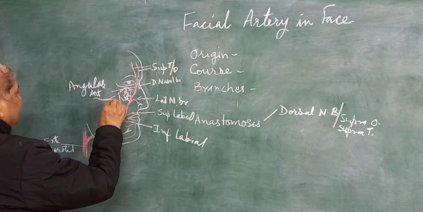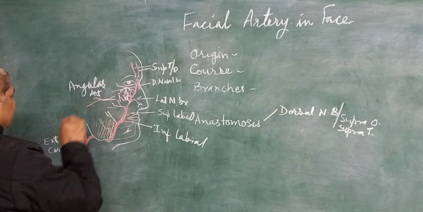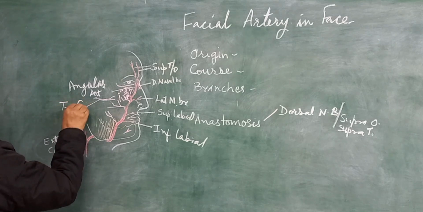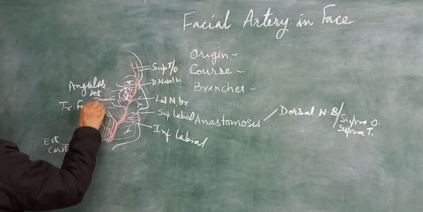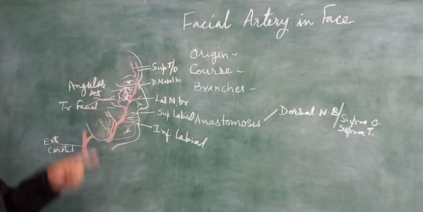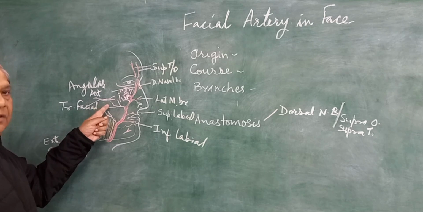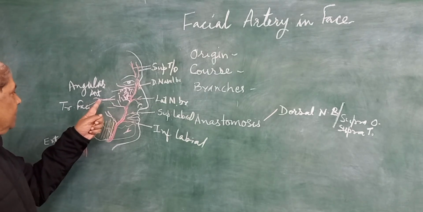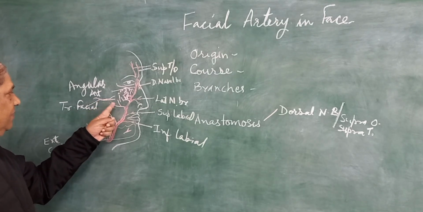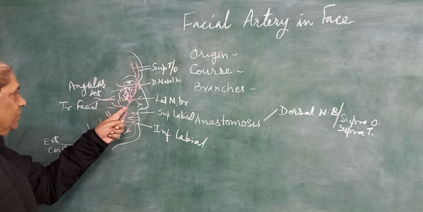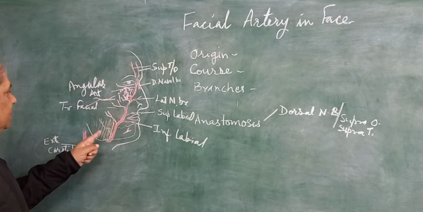Then there is an anastomosis with the transverse facial artery. This is the transverse facial artery, a branch from the superficial temporal, which itself is a branch of the external carotid artery. And this transverse facial artery will have an anastomosis with the posterior branches which take origin from the facial artery.